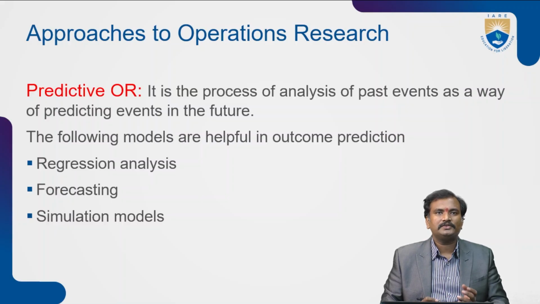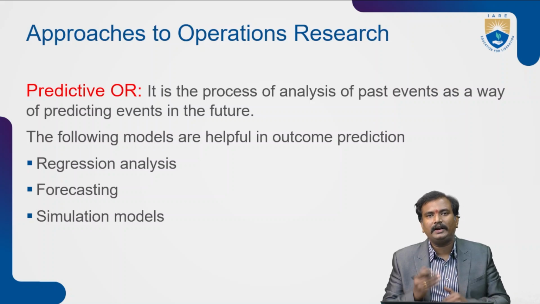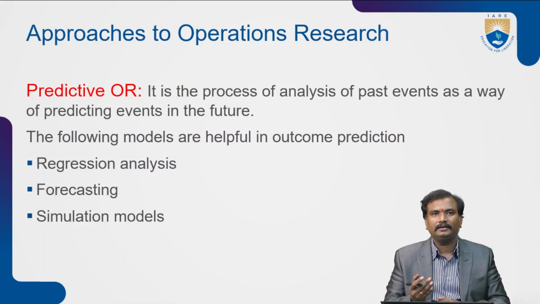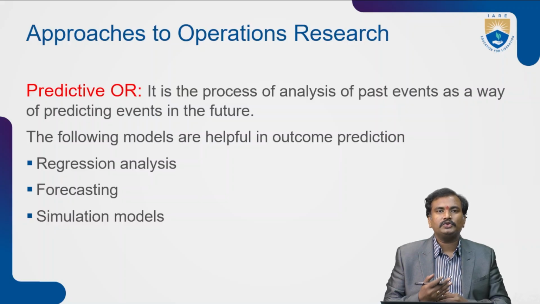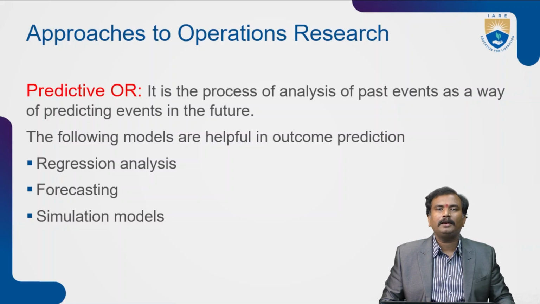The first one is regression analysis. That is, we take the previous data and predict what is going to happen after that. And the next one is forecasting. That is, by using the previous data, we need to forecast what the demand will be. Let us consider electrical demand for a particular place.